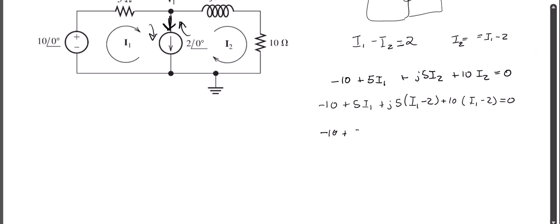Minus 10 plus 5I1 plus j5I1 minus j10 plus 10I1 minus 20 equals 0.